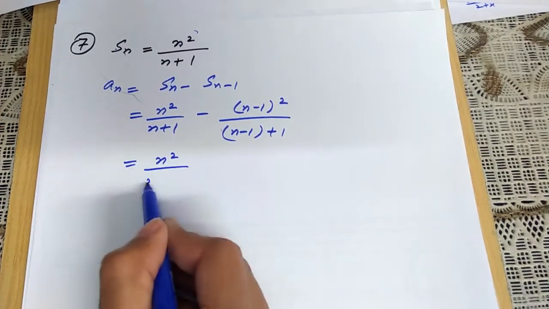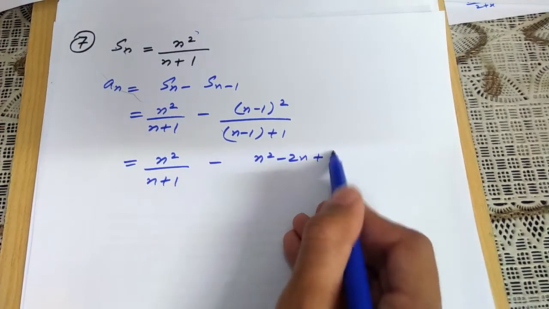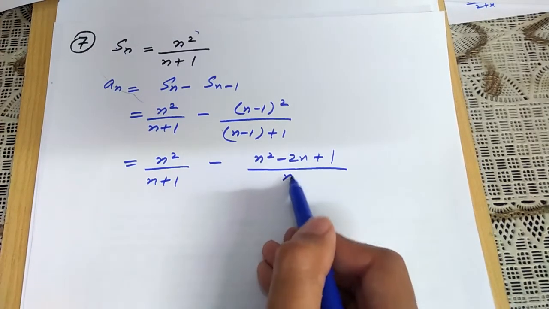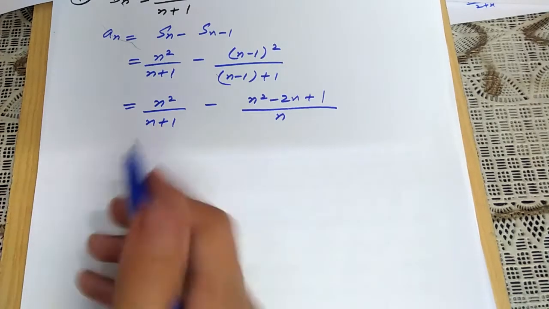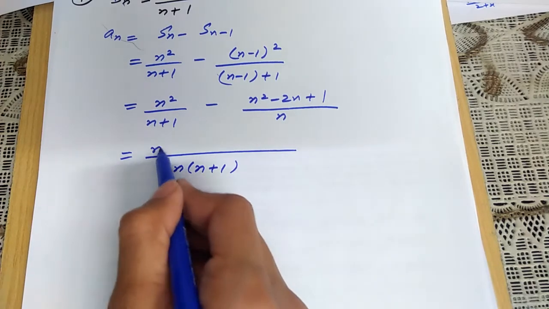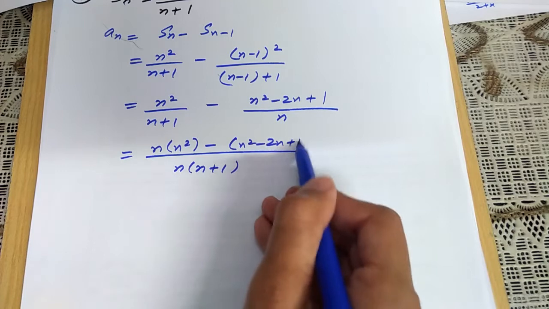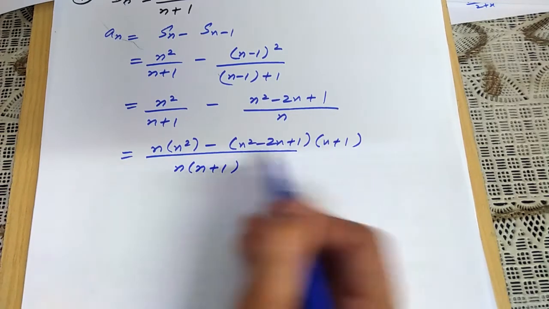You will get n square over n plus 1 minus (n square minus 2n plus 1) divided by n. After taking the LCM, this is n into n plus 1. You will get n into n square minus (n square minus 2n plus 1) into n plus 1. Open the terms.